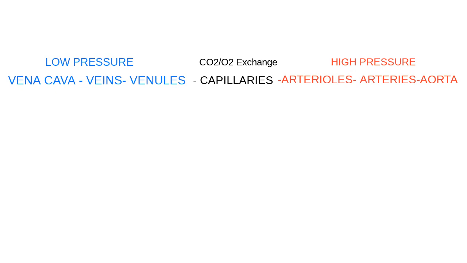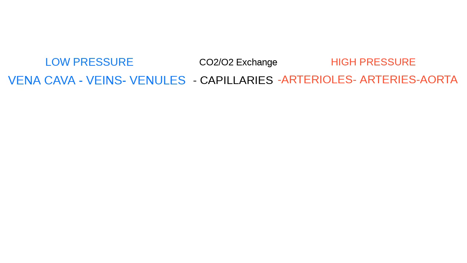And it is at this point within the circulatory system that the exchange of carbon dioxide and oxygen will occur. So you have capillaries that wrap around the alveoli, pulmonary capillaries. I have cellular systemic capillaries.